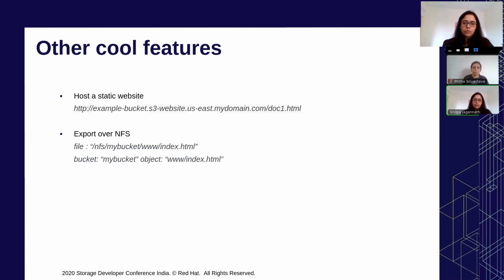The next one would be exporting over NFS. Object gateway namespaces can also be exported over NFS v3 and v4. The API used here is general, but its design is strongly influenced by FSAL, the file system abstraction layer API of NFS Ganesha, which is a user mode file server that supports NFS v3 and v4.